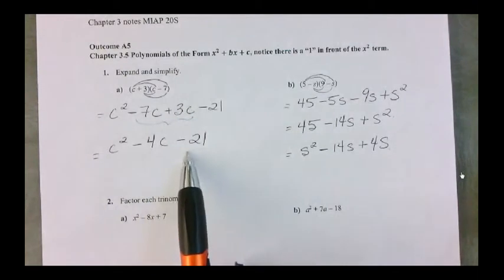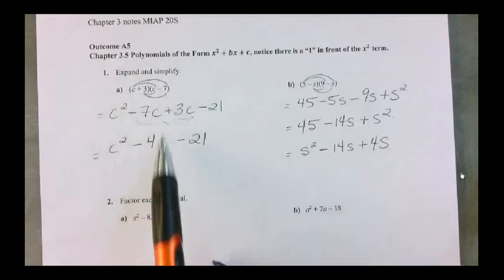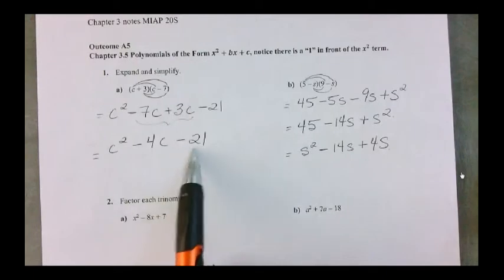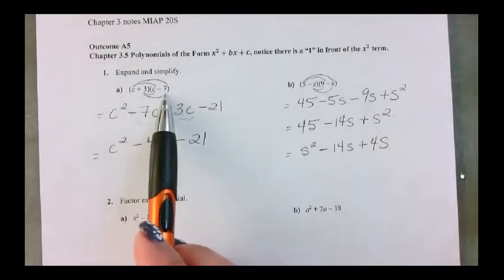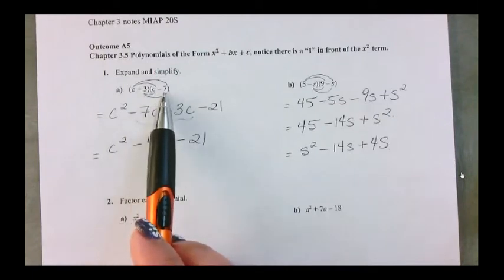What would be the pattern? How would I associate this minus 21 with this question here? How did we get the minus 21? We multiplied the 3 and the negative 7.